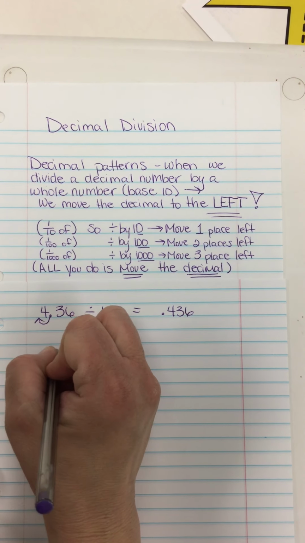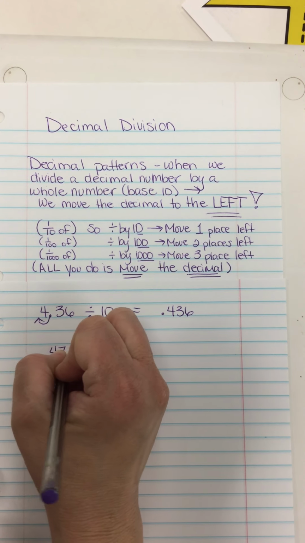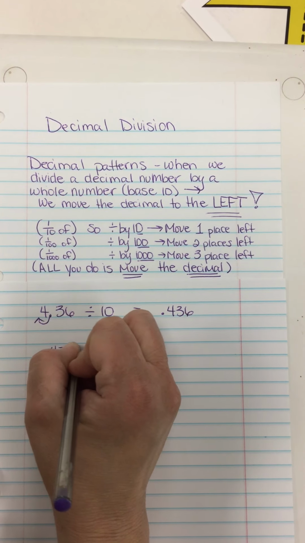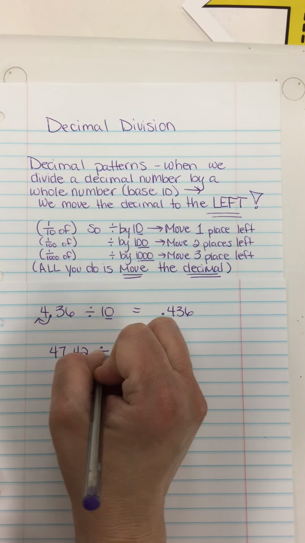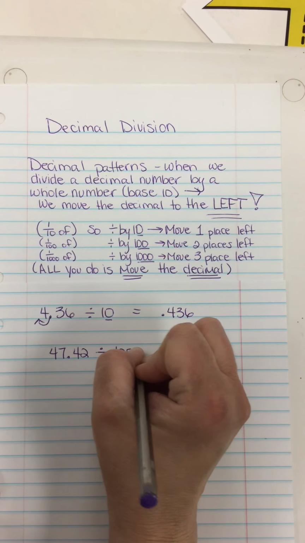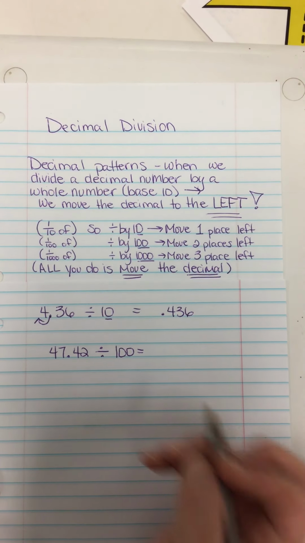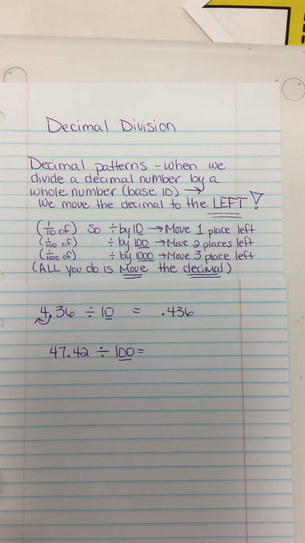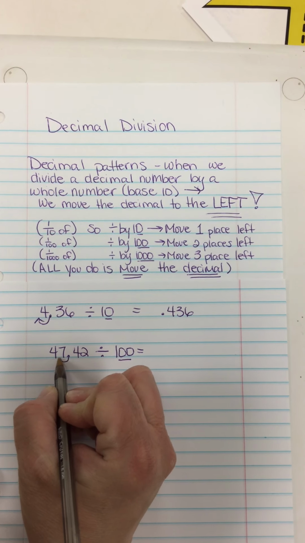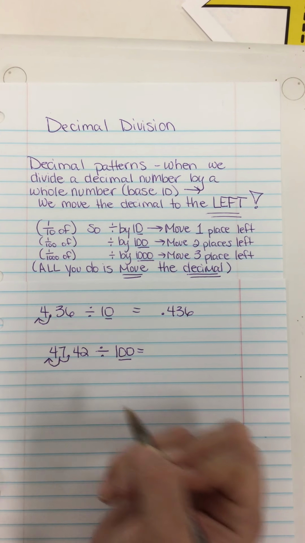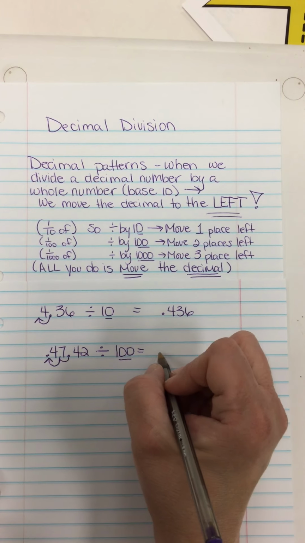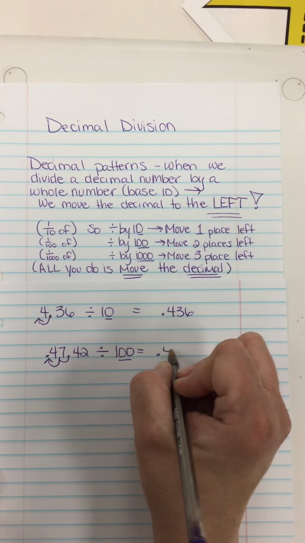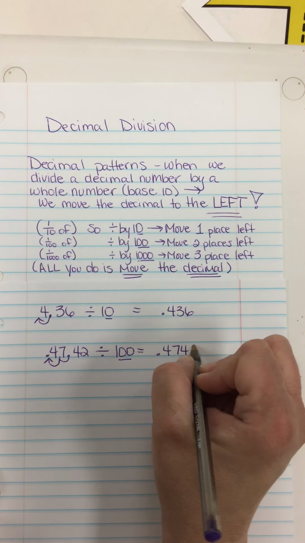So if I had 47 42 hundredths divided by 100, 100 has 2 zeros in it, so I'm going to move this decimal 2 places to the left. So now the decimal is in front of the 4, 7, 4, 2.